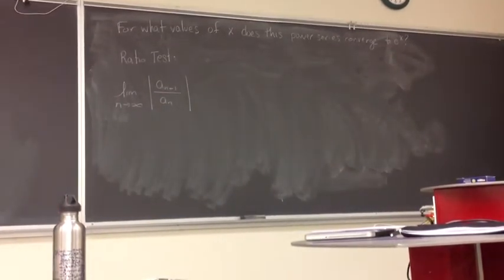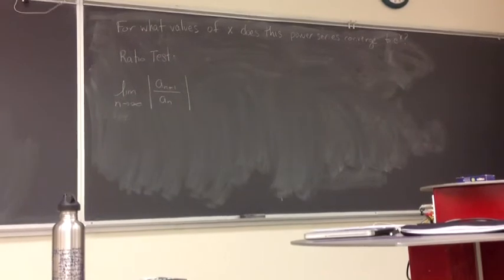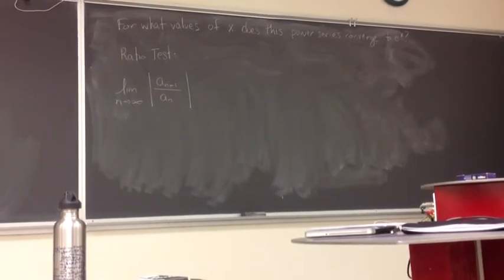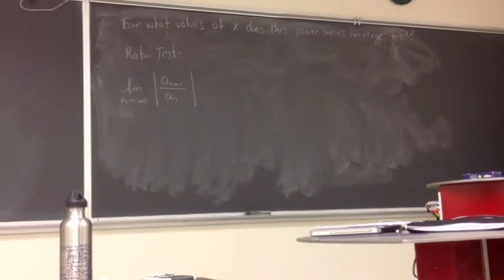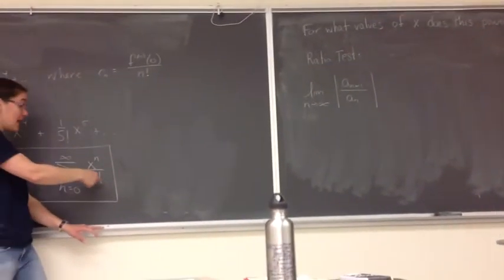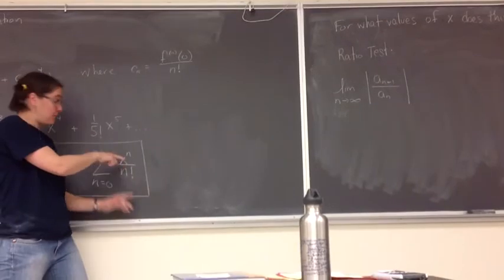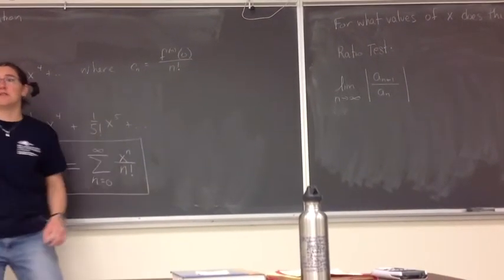The reason I want to use the ratio test is because I've got an n that's part of my power, and down here I even have a factorial. So both of these things are reasons for me to use the ratio test.